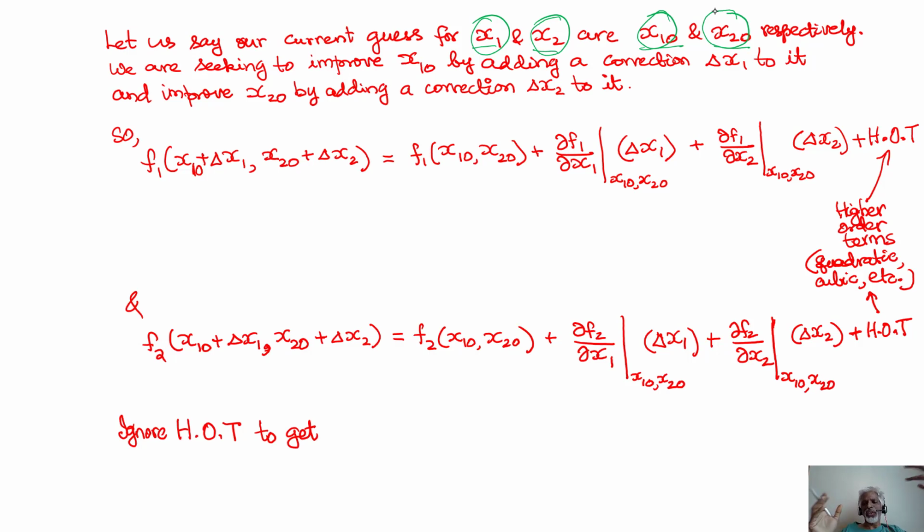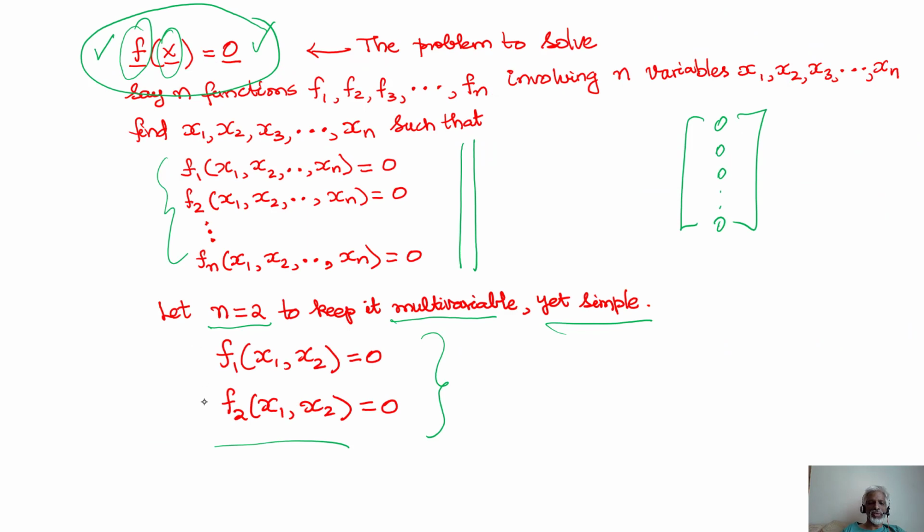Now, if I substitute for x1 and x2 in these two expressions, for x1 I substitute x1 0 and for x2 I substitute x2 0, and the right hand sides both turn out to be 0 or a small value very close to 0, then I have reached the solution. So the problem stops there. I can just report the solution as x1 is equal to x1 0 and x2 is equal to x2 0. But unfortunately, we are not that lucky.